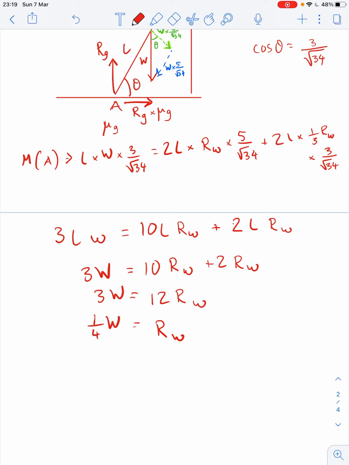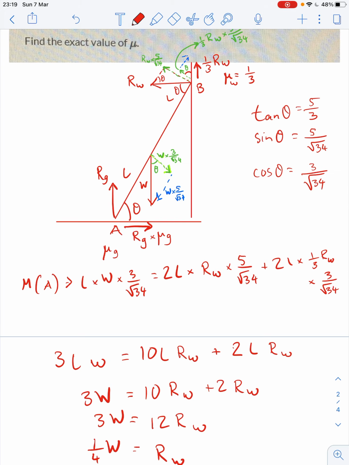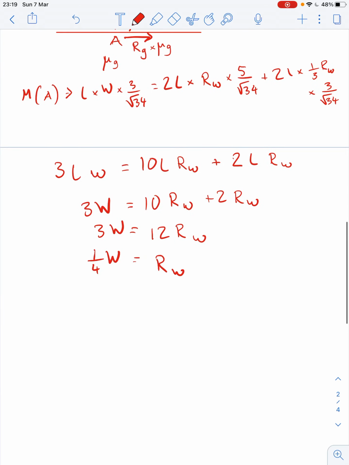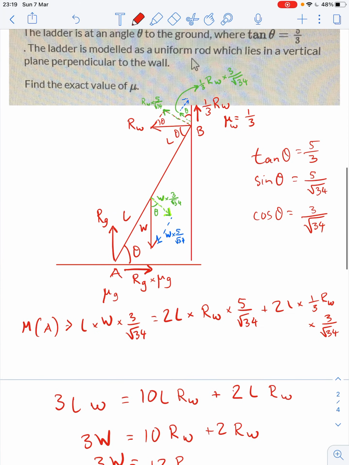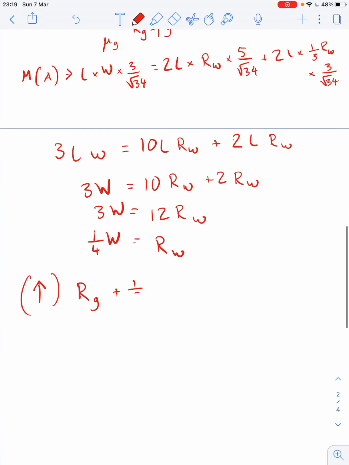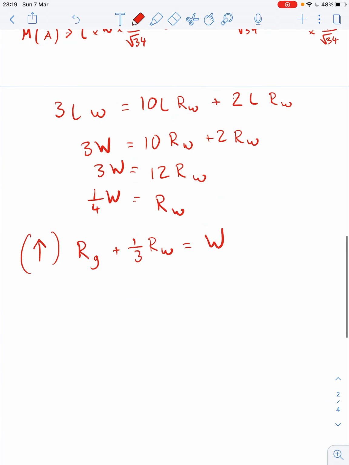Okay, and carrying on from here, we could resolve perpendicularly. So let's see what goes up and what goes down. We've got RG going up. We've got a third RW going up, and the only thing going down, I believe, is W, the weight.